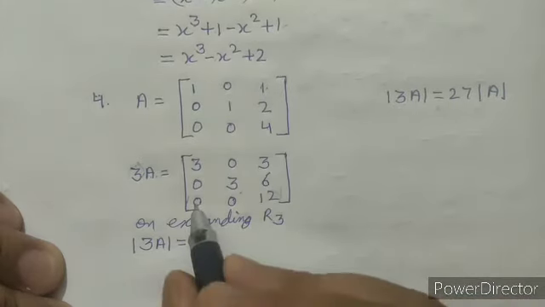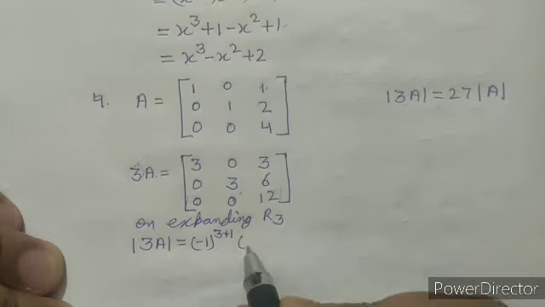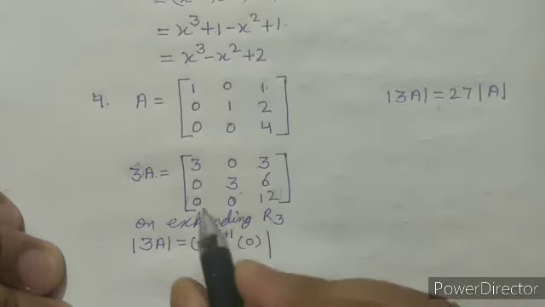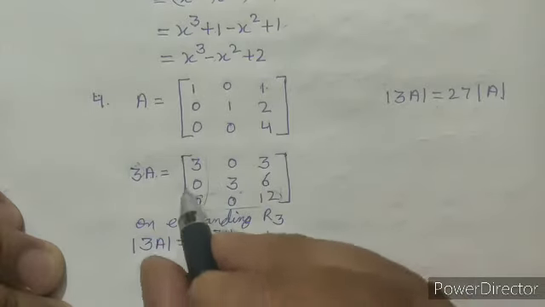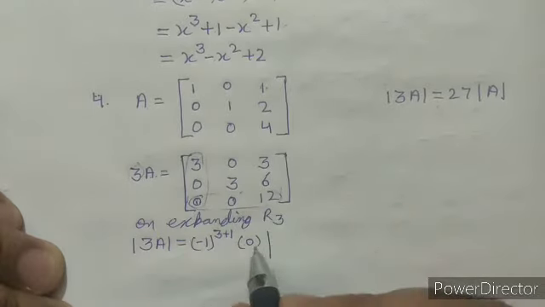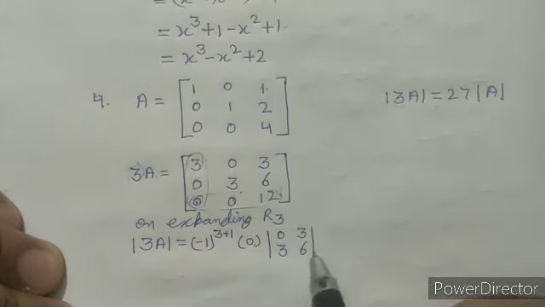Now this 0 is of row third and column first element, into 0 into the determinant of, now we will eliminate the row and column of this element which we are taking here, and that will give us 0 3 3 6.